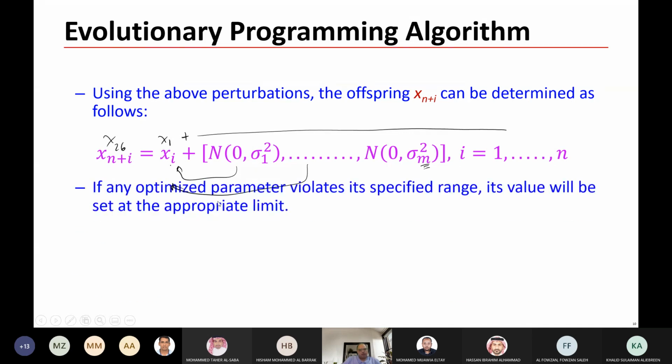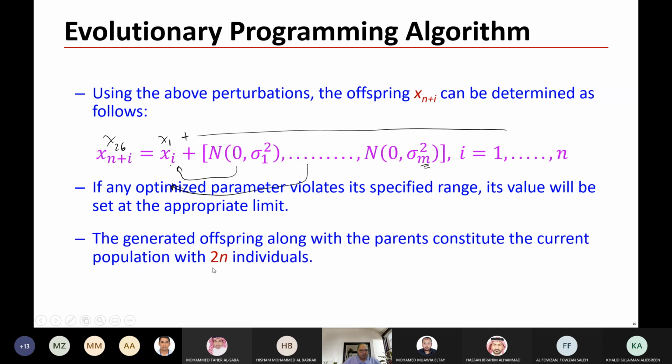If any optimized parameter violates its specified range, its value will be set at the appropriate limit. And this is very clear now. You have to stick with the feasible solutions. The generated offspring along with the parents constitute the current population with 2n individuals now.